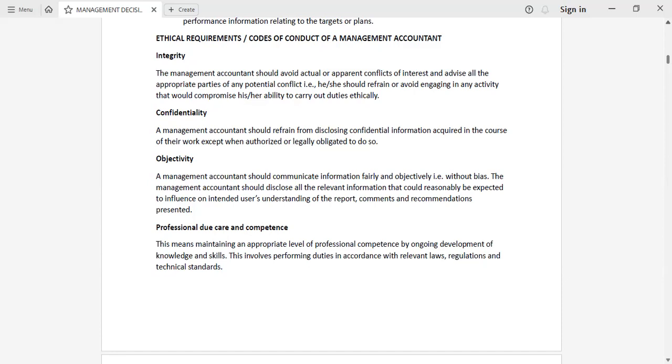But this one, maybe the person has just graduated with a master's, is actually knowing nothing because he has just gotten the professional qualifications. So with professional due care and competence, we need to separate some of the aspects. We need to know the professional or the academic qualifications, and we separate them from the professional competence.